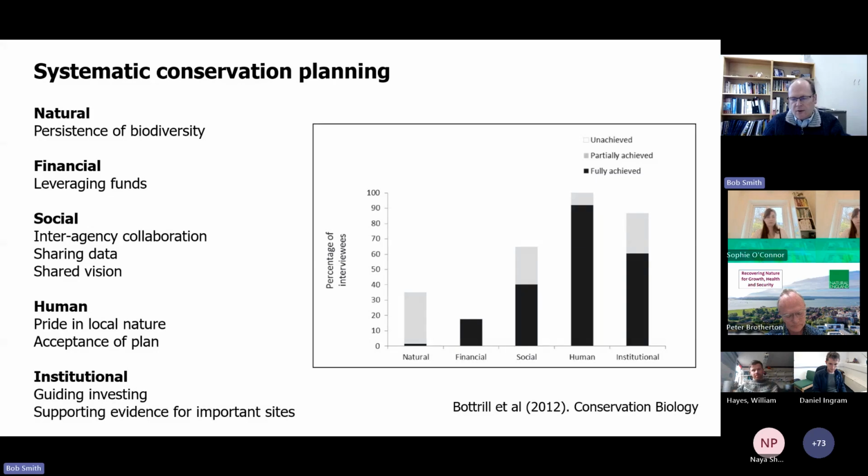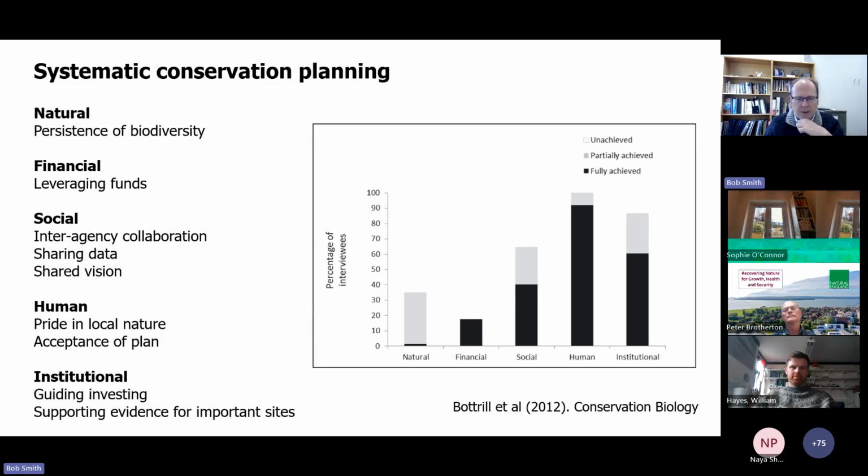So this great paper by Bottrill et al. from 2012, for a set of organisations in the US and Mexico, showed all the different ways that having this sort of joint vision, shared vision that could then be used to identify and inform action on the ground, has all sorts of benefits in terms of fundraising, sharing data and sharing vision, building pride. So yes, it is far more than the technical element.